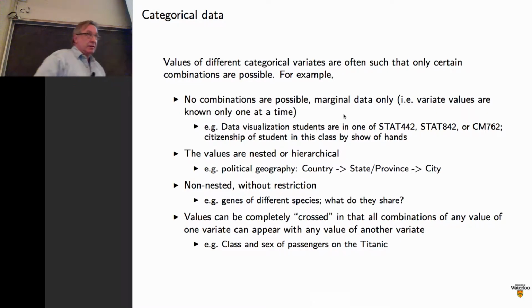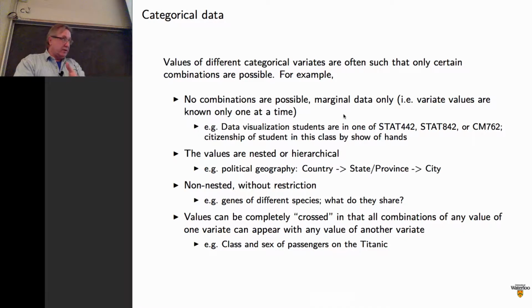Another possibility is that the data values are actually hierarchical. So we may be looking at countries, for example, and think about, what country were you born in, right? So there's going to be a list of countries that are available. What state, province, region, whatever the name is for that country, were you born in inside that country?